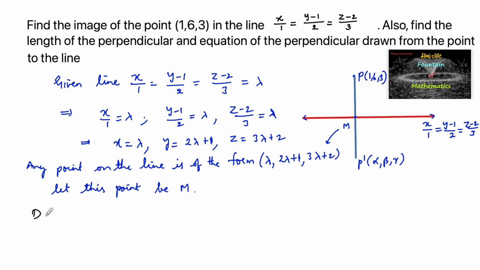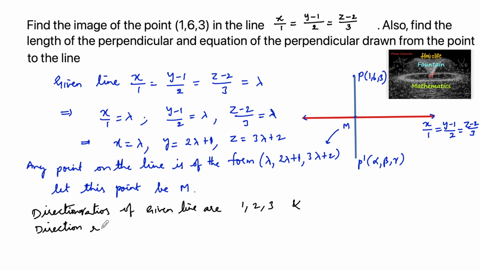direction ratios of the given line are 1, 2, 3, and direction ratios of the line joining P and M, where the point P is (1, 6, 3) and the point M is (lambda, 2 lambda plus 1, 3 lambda plus 2), are x2 minus x1, y2 minus y1 and z2 minus z1.